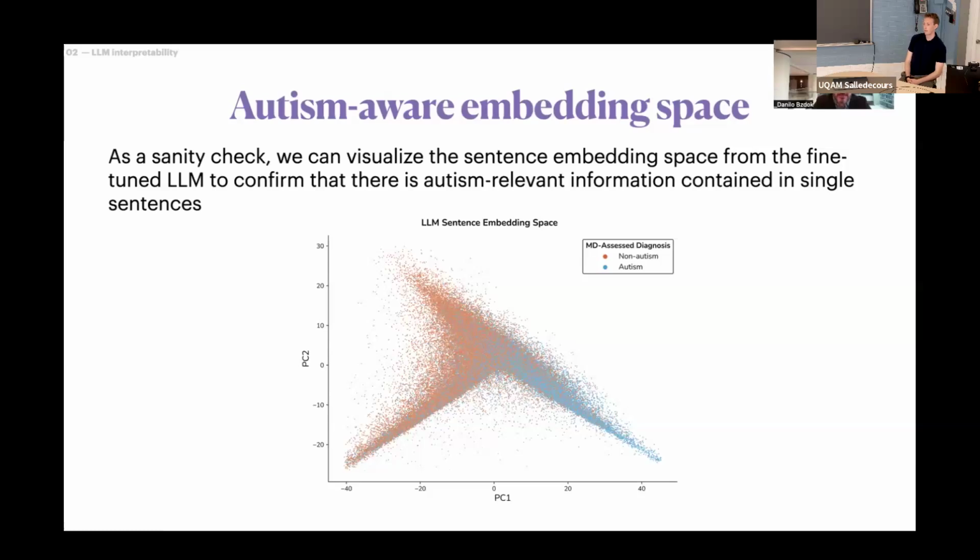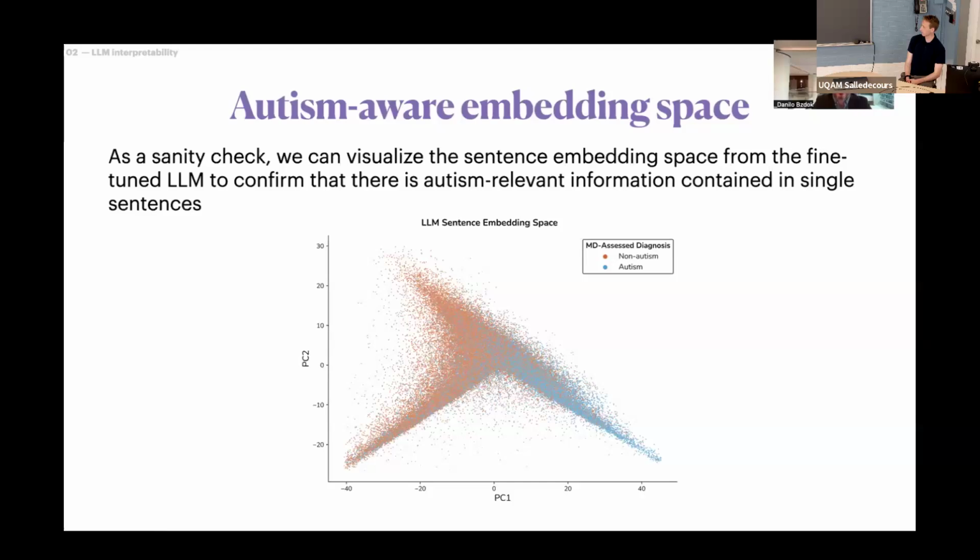But the diagnosis here in red and blue did not really influence the fitting of the PCA model itself. So what you can see is that in blue, the autism cases, which were later confirmed to actually be genuine cases of autism by the healthcare professionals and medical doctors, they actually do cluster in a particular subspace of this plot, which is at the bottom right. Mostly it is distinguished by the most explanatory direction of variation in the data.